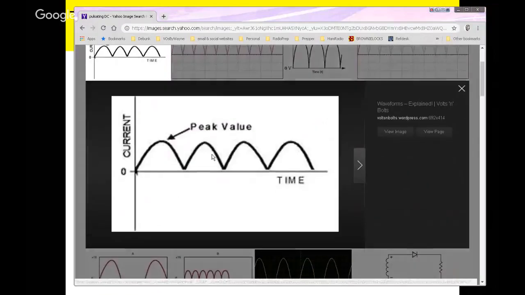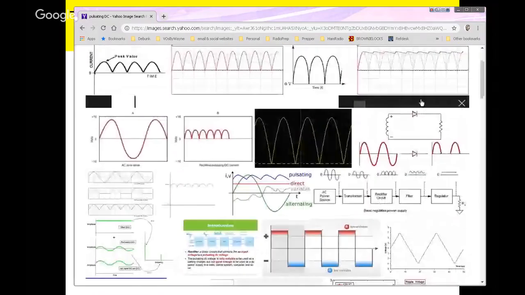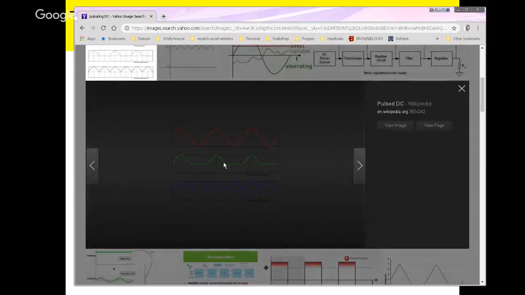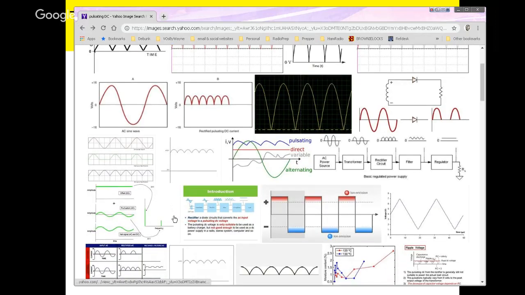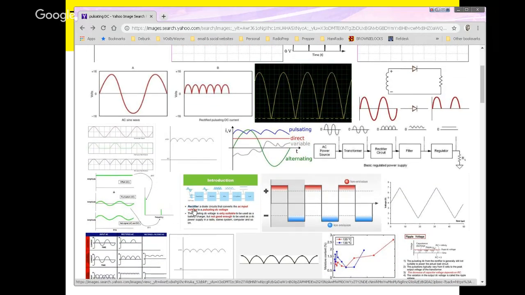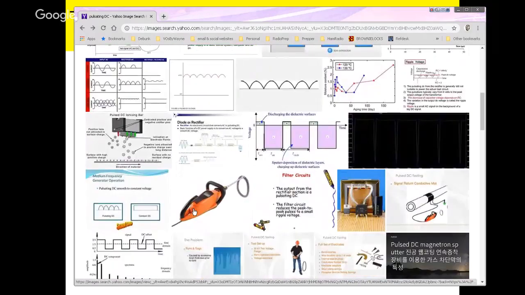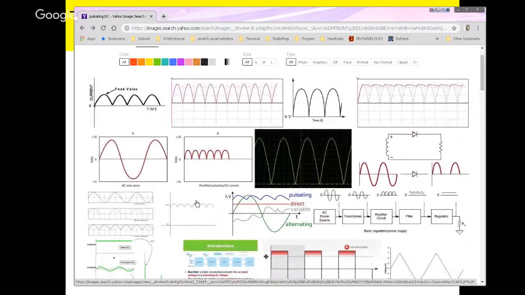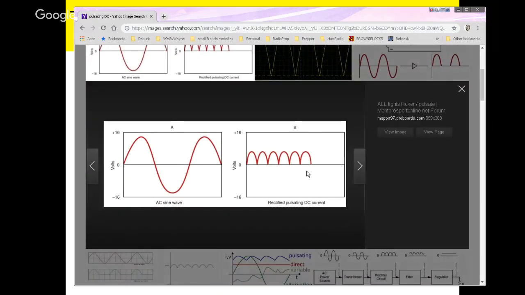If you see this, this is an AC circuit. This is not really an accurate representation. I don't want to use that. Let's see. Here we go. This is what I want. Oh man, you can even see that. That bites. Ah, find the right one here. All right.